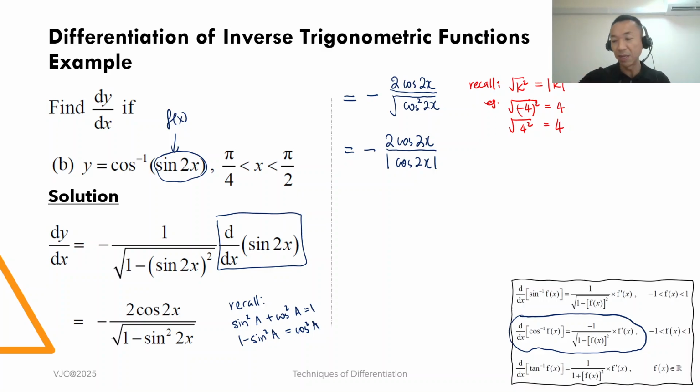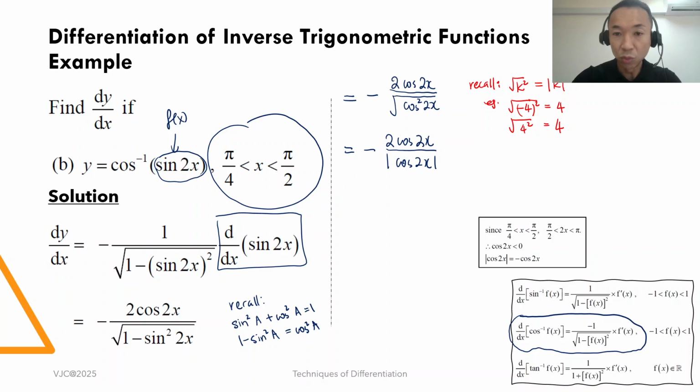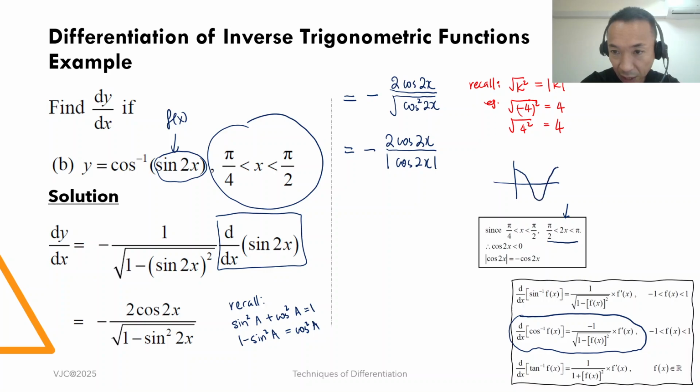Then you say, oh, okay, maybe that's it. But actually, not quite, because you are given that x is between pi over 4 and pi over 2, which means 2x is between pi over 2 and pi. And if you take cosine, the cosine graph looks like this. This is pi and this is 2 pi.